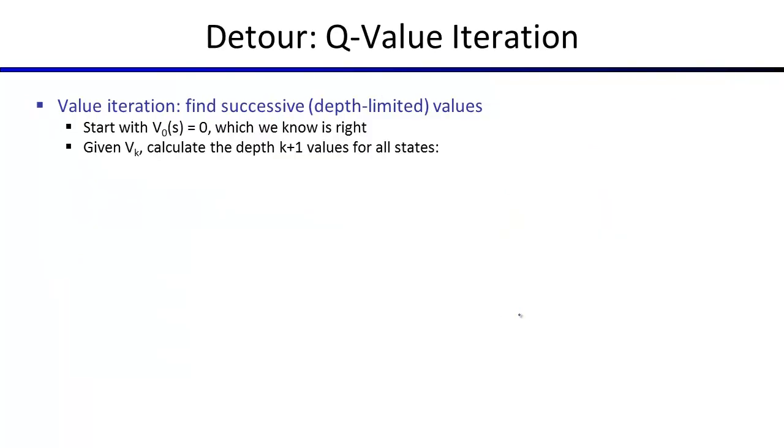All right, so we'll have to take a little step back, and then we'll go to Q learning, which is the final thing we want to look at. So what was value iteration?